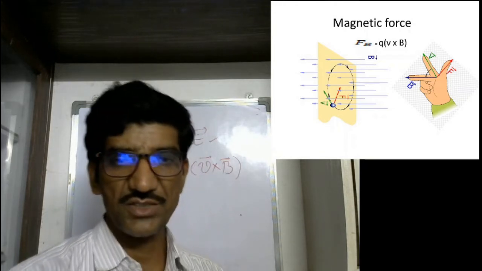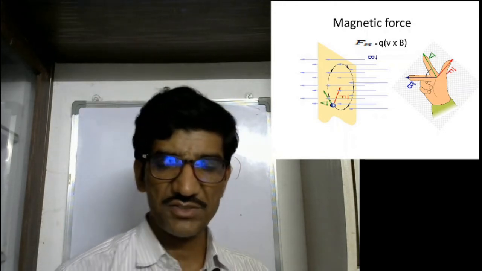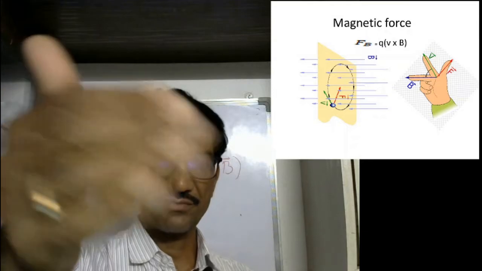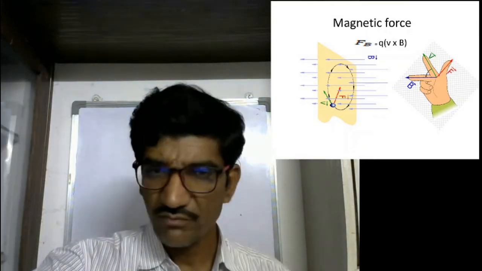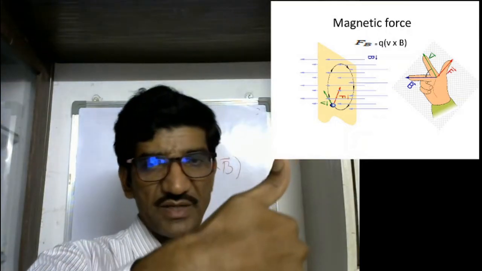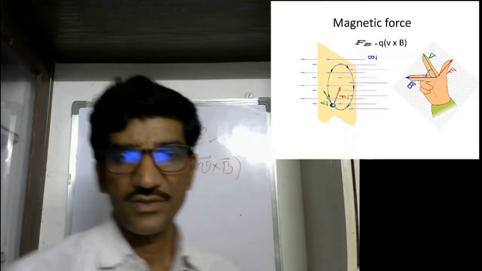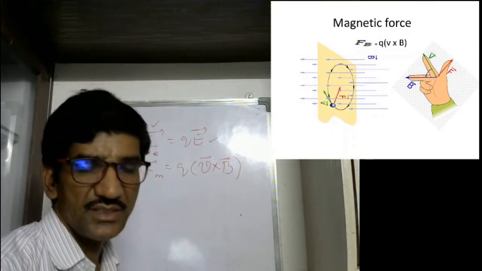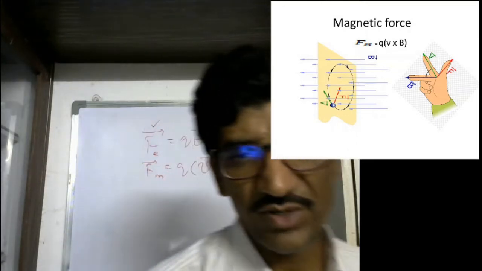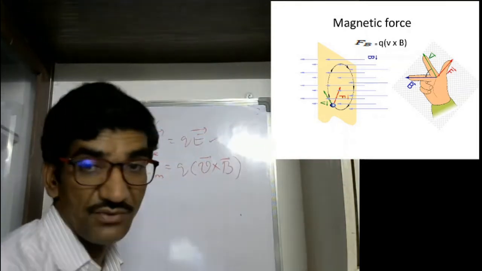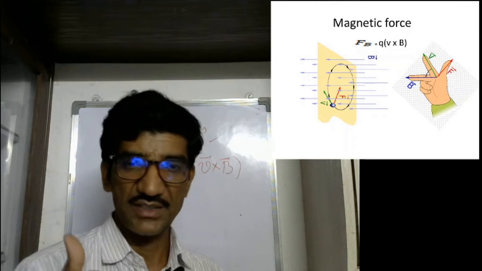Suppose C is equal to A cross B. If your fingers are bringing A vector onto B vector, then your thumb direction will be the cross product vector. Here our cross product vector is a magnetic force, so you may apply this.